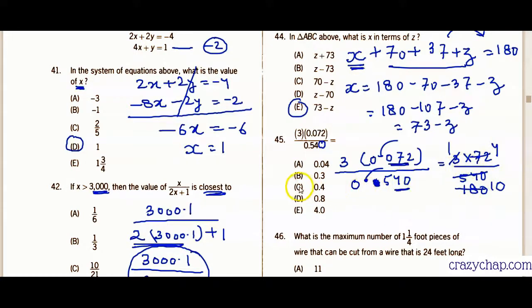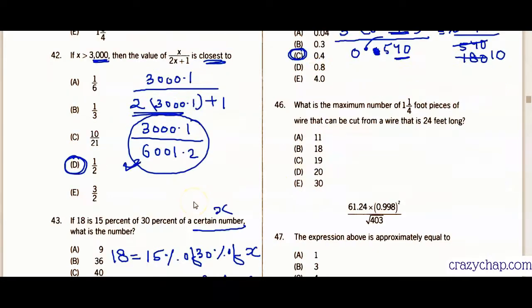Try question number 46. Number of 1/4 foot pieces of wire that can be cut from the wire that is 24 feet long. So we have a long wire of 24 feet. So we have to find how many wires can we get. So length of wire divided by each smaller length. So solving that, 24 over 5 over 4, and the denominator will come front, will multiply with reciprocal, so it will become 24 times 4 over 5.